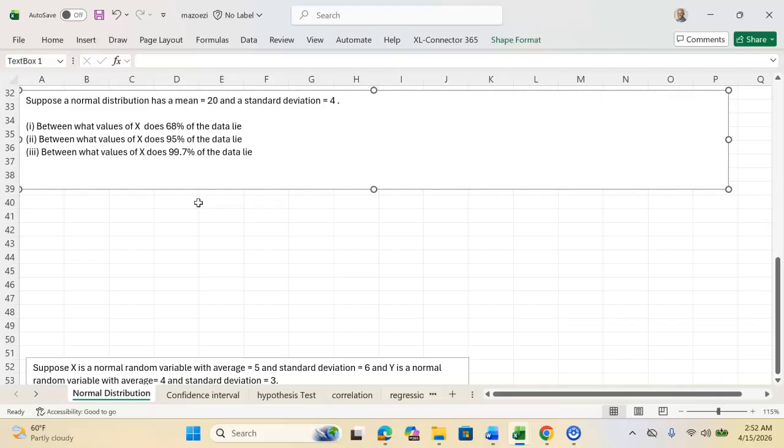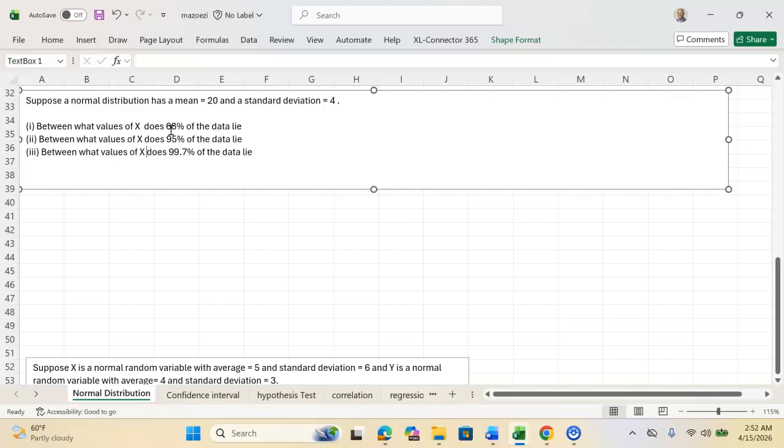So you can see that this question is based on the 68, 95, and 99.7 rule, which is the empirical rule of standard deviation. The good thing is we are given the average and the standard deviation, so we can find the boundaries or intervals that will give us 68%, 95%, and 99.7% of the data.